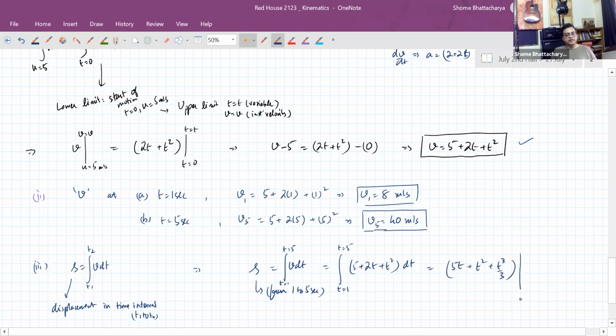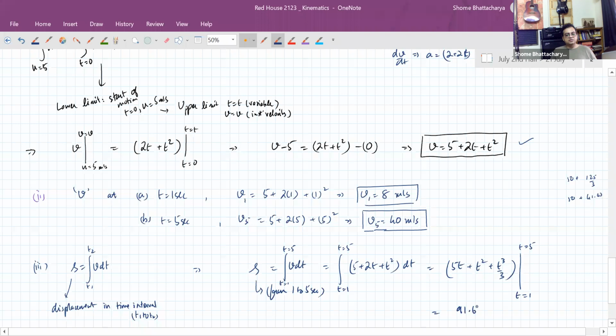I'm not writing the constant because it will anyway cancel out. Now you have to put these limits. So the upper limit is how much? It's 25 plus 25, 50 plus 125 by 3. That is 50 plus 41.67. So that is 91.67, right?